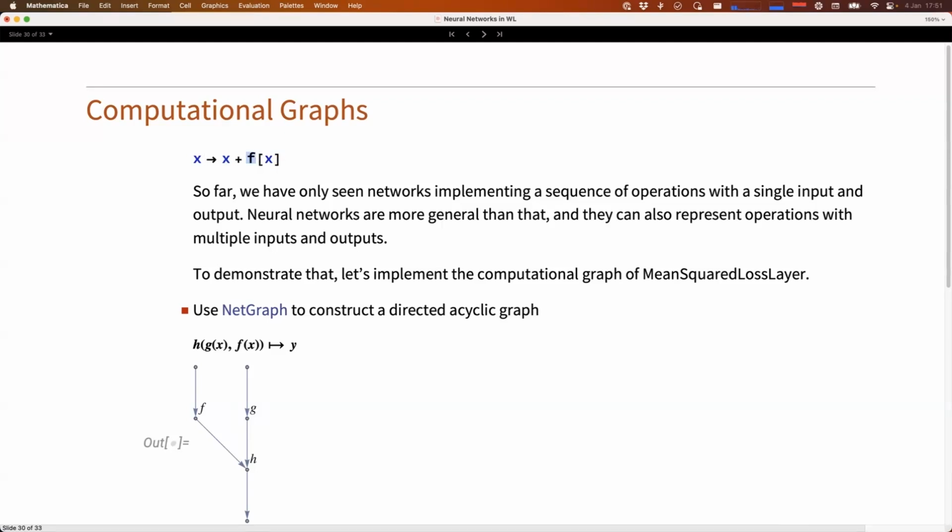And the idea here is that your function now is a perturbation of the identity. And so this is a graph, of course, because I have to send my x to a function and then send the result of this function and the original x together. So I have a kind of little ring, a bifurcation, and then it goes back together.